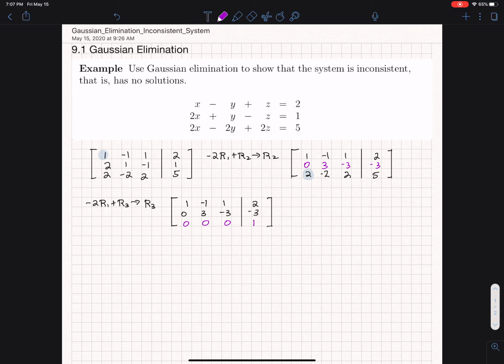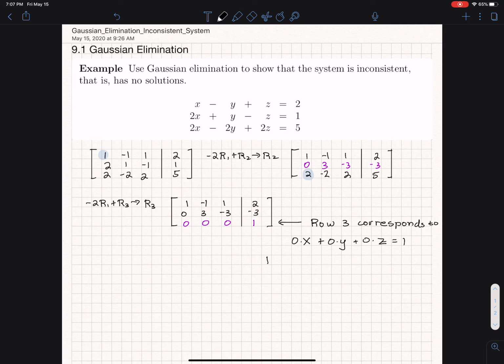1. And actually, that was sort of the point of the video, is that this last row, row 3, corresponds to zero times x plus 0 times y plus 0 times z equals 1.